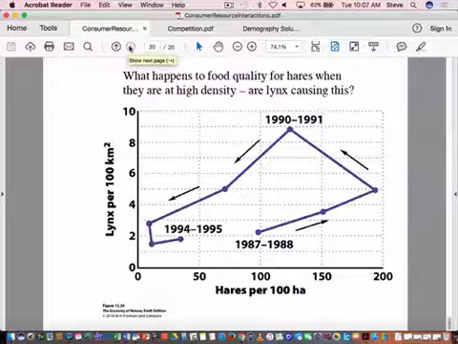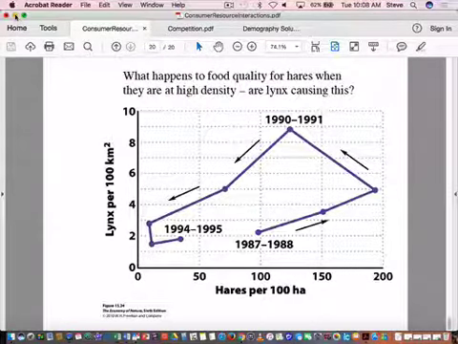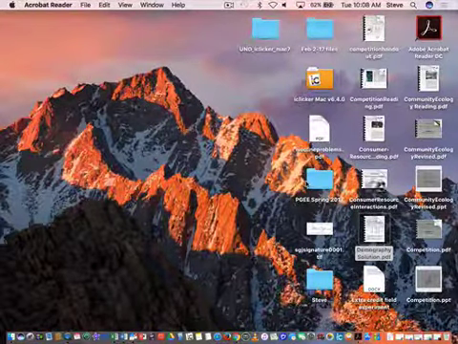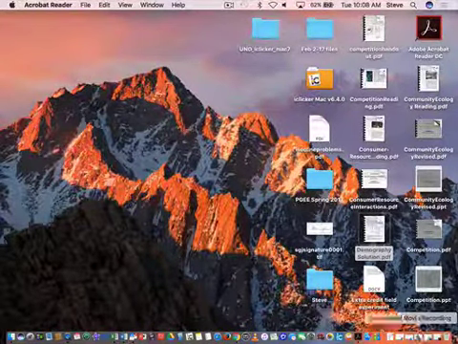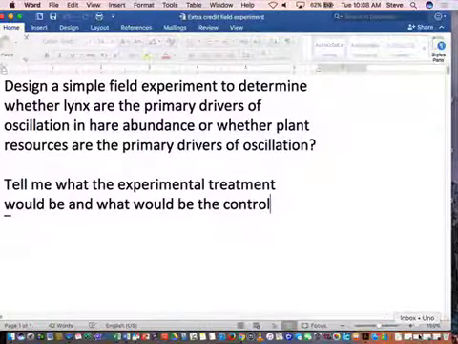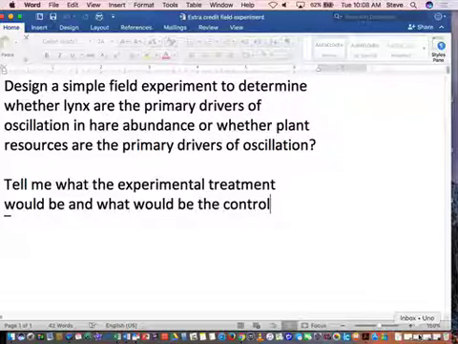So do you want a little extra credit question? I want you to go into Canada and design a simple field experiment, actually in the field, where snowshoe hares and lynxes occur, or in the plants.